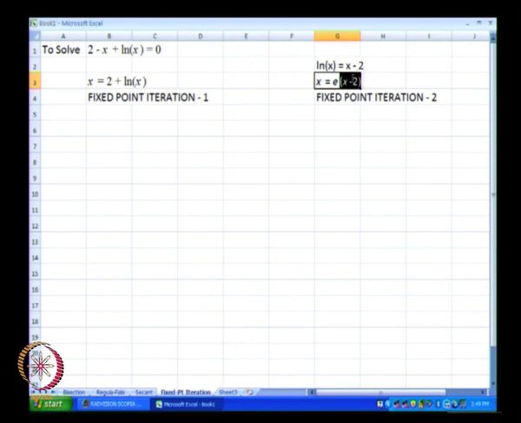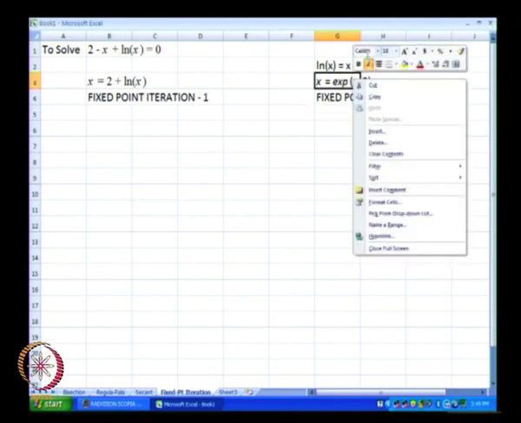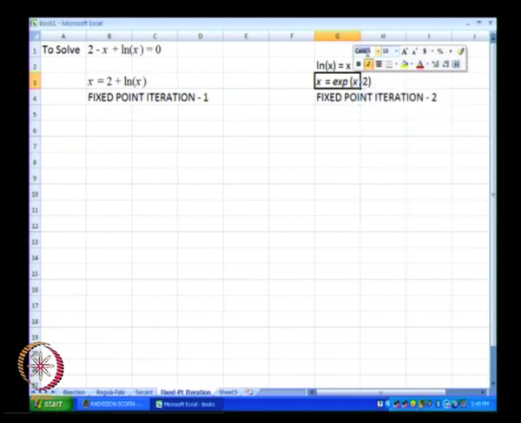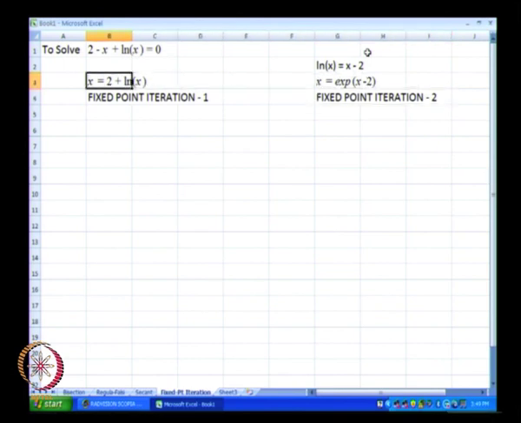Okay, and we will write this as exp, exponent of x plus 2, and just change the font to our favorite Times New Roman, so that it is easier to see. So the two ways of solving using the fixed point iteration are, one, to write this equation as x equal to 2 plus ln x, and the other is to write that equation as x equal to exponent of x minus 2.